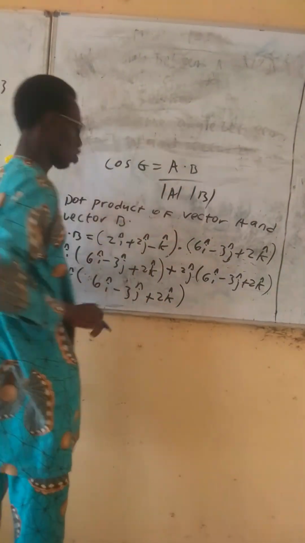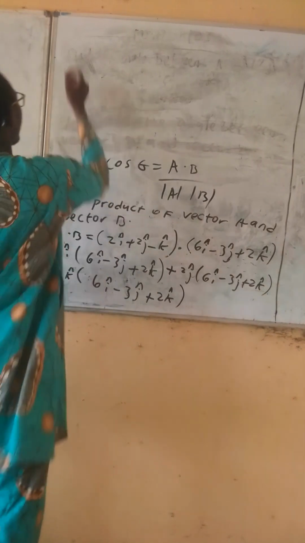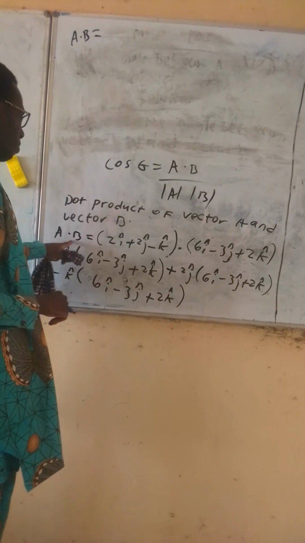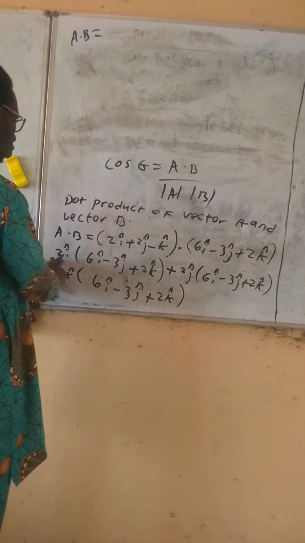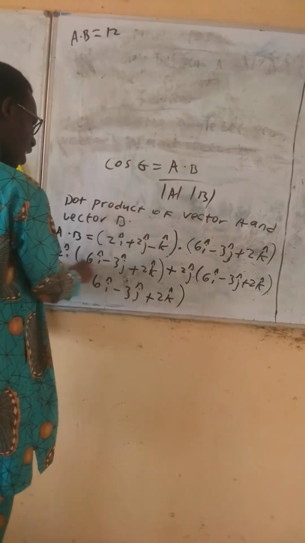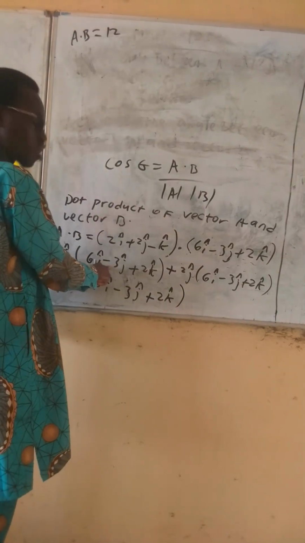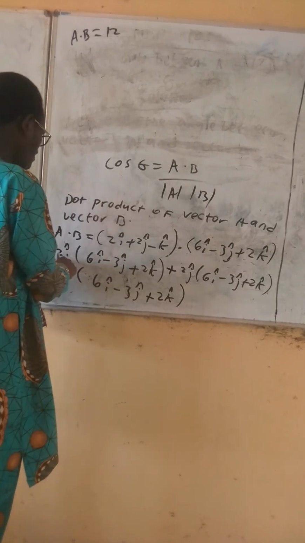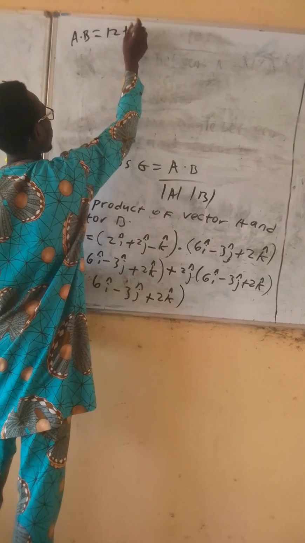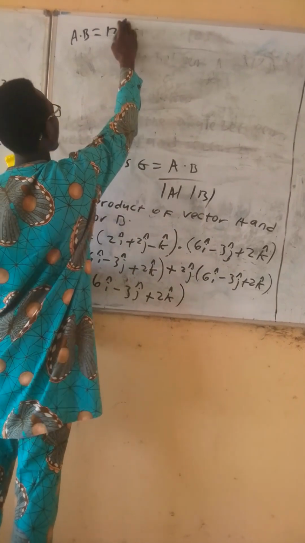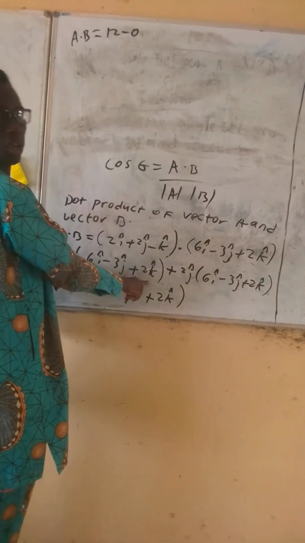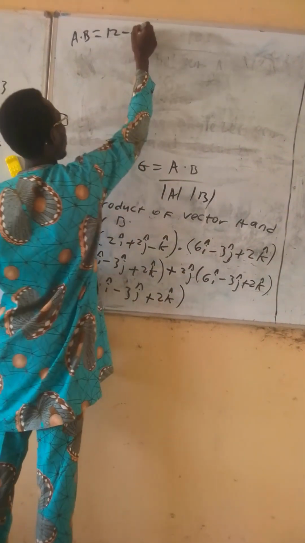You're going to agree with me that the dot product of A and B is: we have 2i multiplied by 6i, which is 12. 2i multiplied by minus 3j is 0, because i dot j is 0, so we have minus 0. 2i multiplied by plus 2k is plus 0.